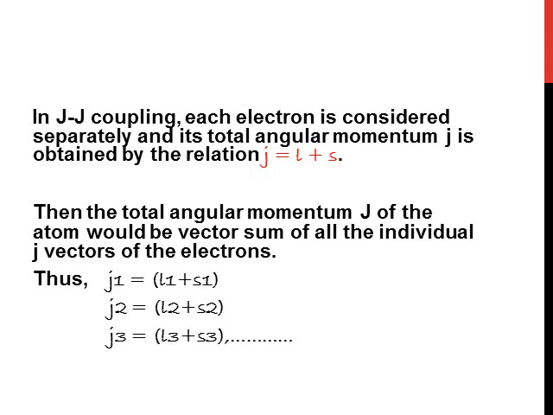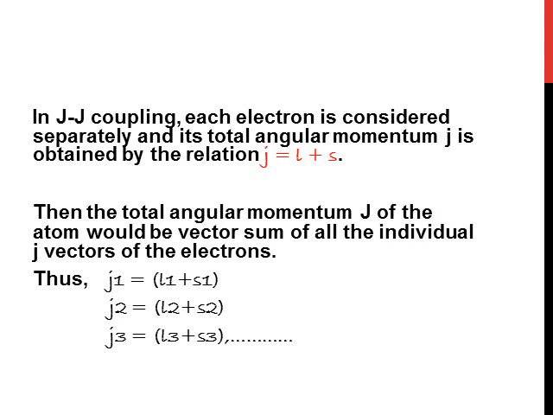In JJ coupling, each electron is considered separately and its total angular momentum J is obtained by the relation J equals L plus S. Then the total angular momentum J of the atom is the vector sum of all the individual J vectors of the electrons.